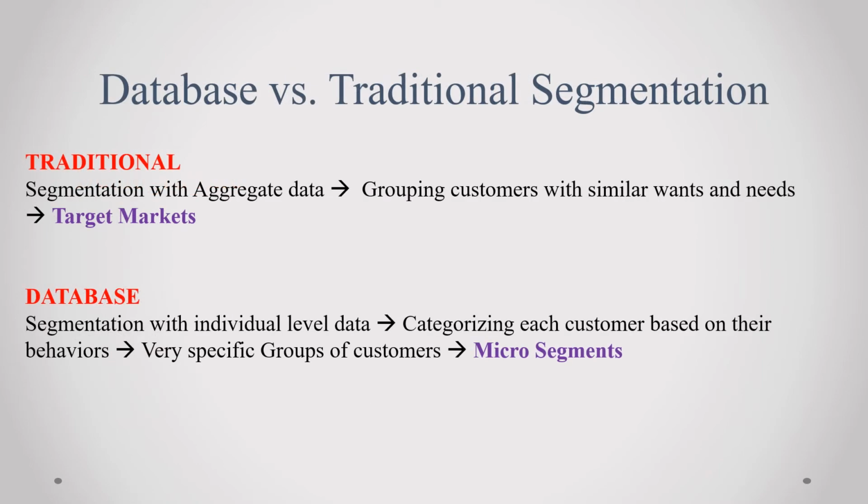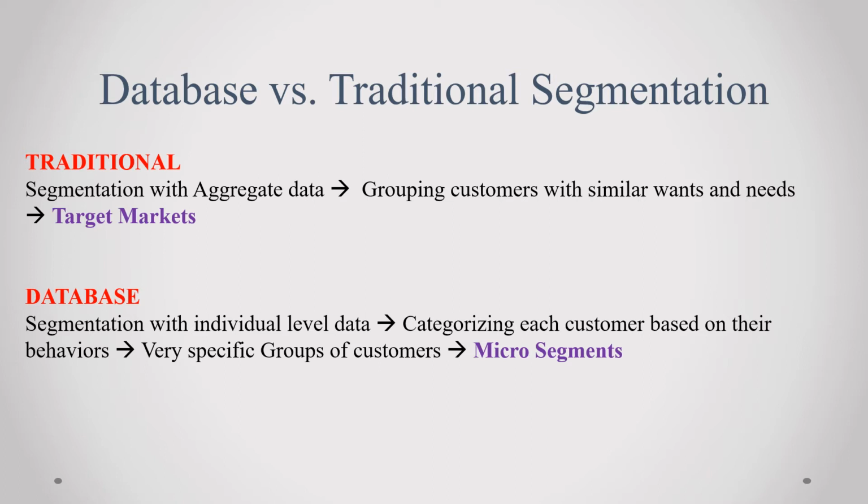Now, let's take a little look at the differences between database and traditional segmentation. In traditional segmentation, we're segmenting with aggregate data, which means we have typically survey data or overall sales data or some other types of customer demographic data at an aggregate level. And so what we do is we then group customers, hopefully with similar wants and needs.